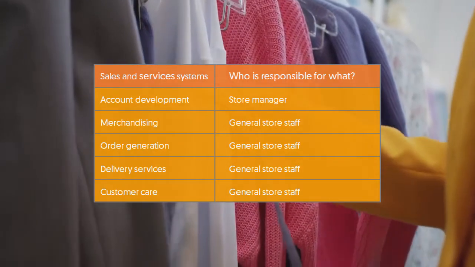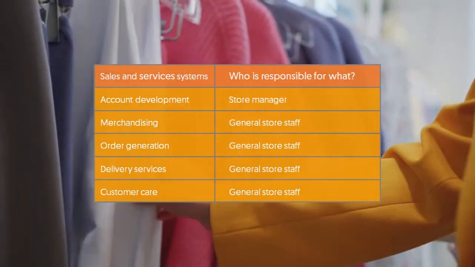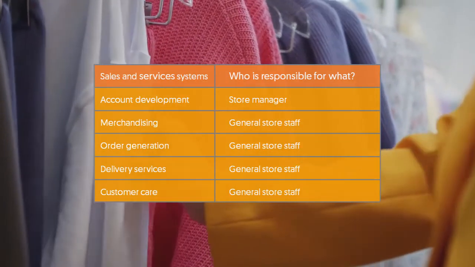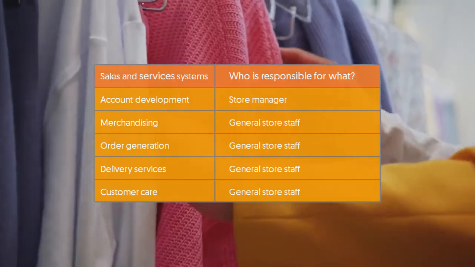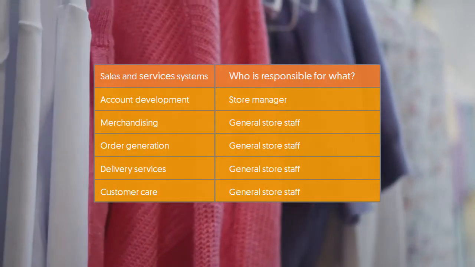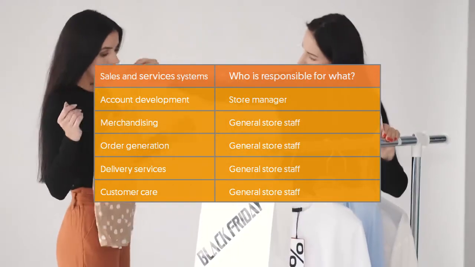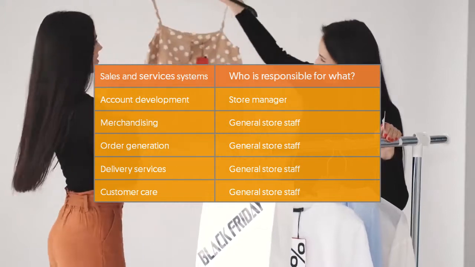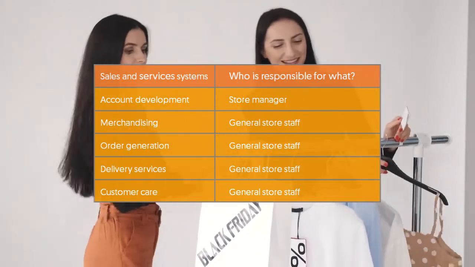This could be a fashion store, for example. In this case, the store manager is responsible for making the Look of Success standard a reality through training of its staff and follow-up, for example. The general store staff is merchandising their product categories they are assigned responsibility for.